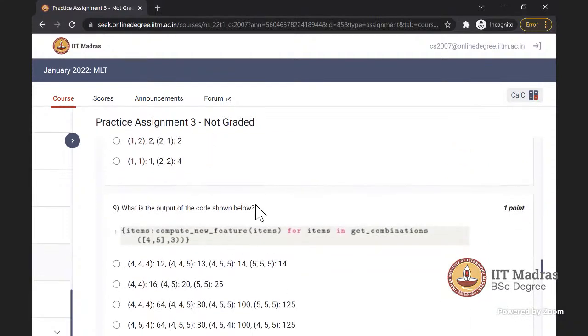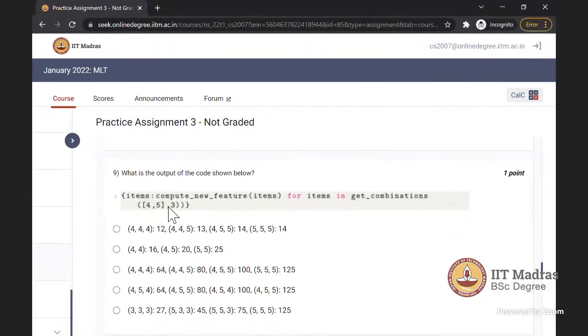Question number 9. What is the output of the code shown below? Who would like to answer this one?